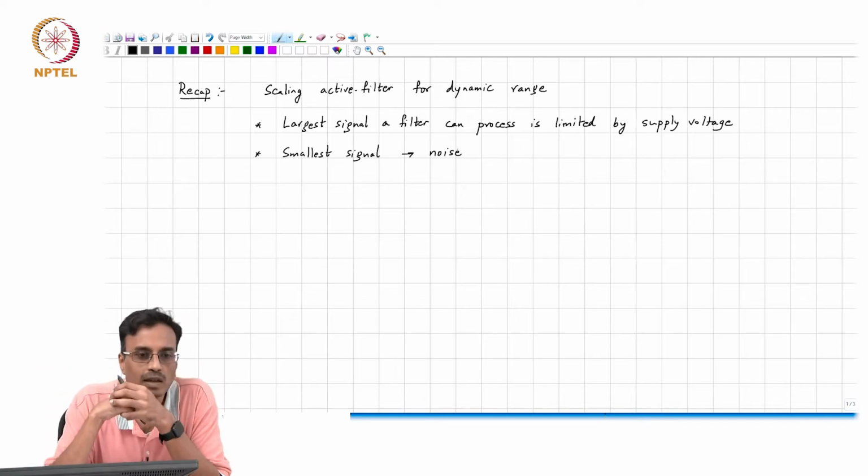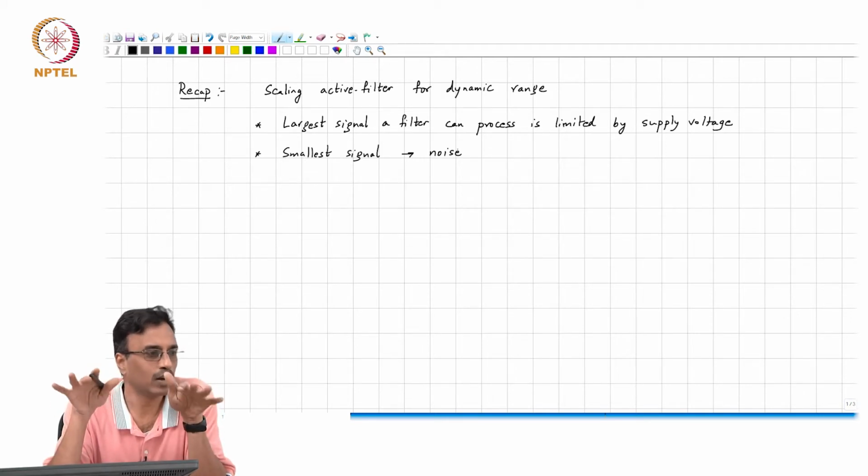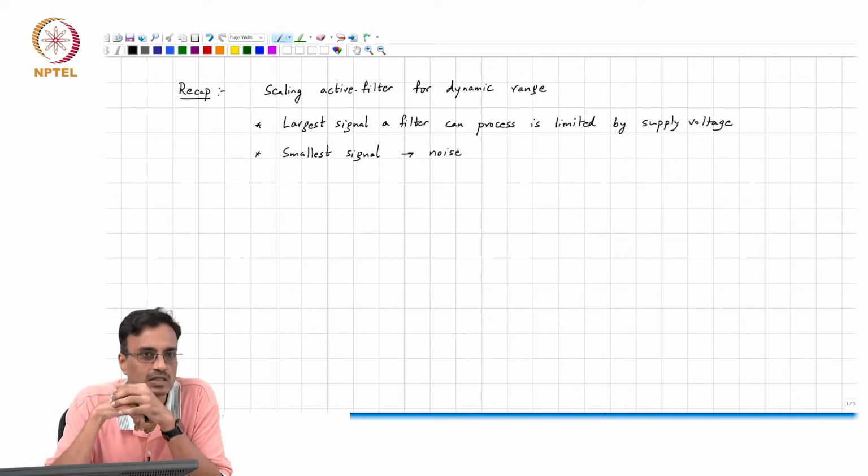Therefore it makes sense to equalize the peak magnitude responses at the outputs of every op amp inside the filter, and as a result, now all the op amps will saturate for the same maximum input signal strength.